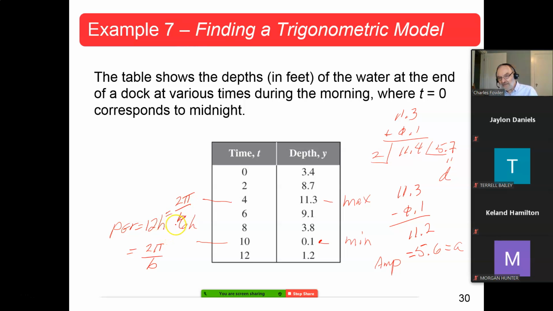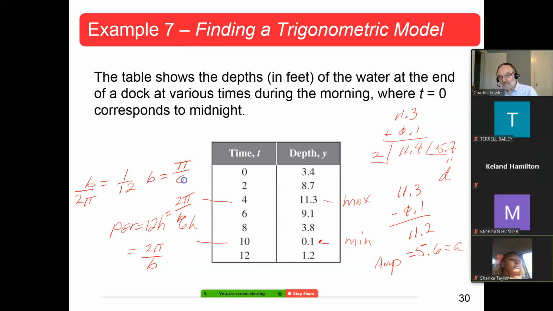Solve for b, and you get b over 2 pi is equal to 1 over 12. We just reciprocated both of those. So this would give you b is equal to 2 pi over 12, which would be pi over 6. So your b is pi over 6.